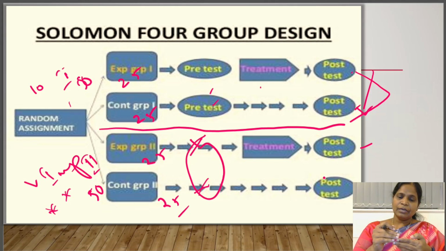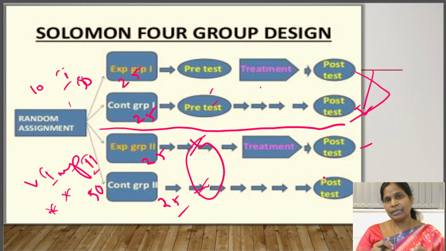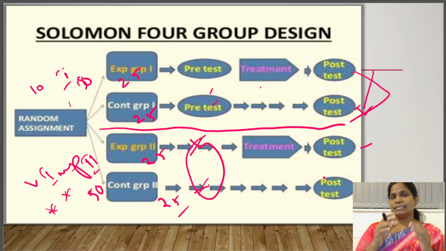And the experimental group is also compared with the control group to show its reliability. The Solomon 4 group is mostly used, and it is a standardized true experimental design, so when we do these experiments, we can rely on them. So these are the three important true experimental research designs.